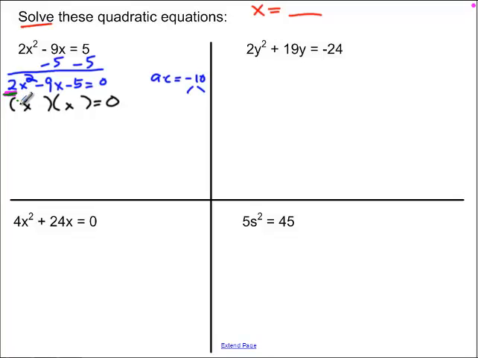So we can put 2 here and 1 there because we're factoring a into these spots here. And now we've got to play with 5. Negative 5 factors into negative 1 and positive 5, or positive 1, negative 5. So let's just play around with those two here and see what we can get.